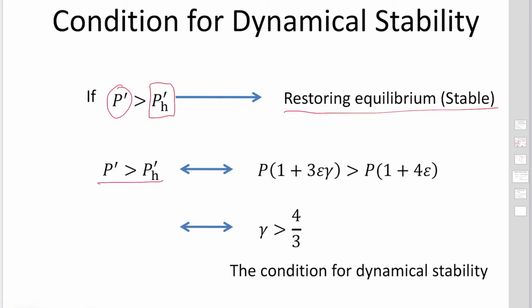This condition can be expressed with P prime, substituting P times 1 plus 3 epsilon gamma, and the hydrostatic equilibrium P times 1 plus 4 epsilon. P is going to be cancelled out, and epsilon is cancelled. So gamma has to be larger than 4 over 3. This is the condition for dynamical stability.